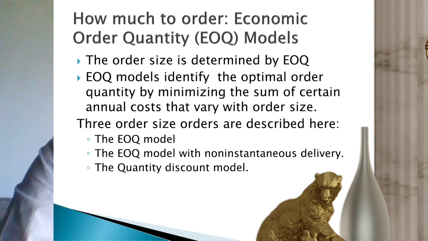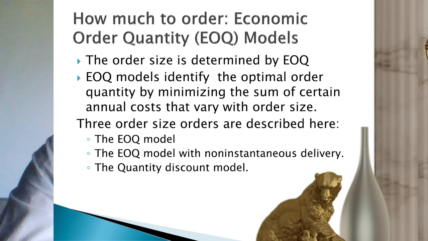And there are three order size models, sorry, just correct it. They are described like this: one is the simple EOQ model. Second is the EOQ model with non-instantaneous delivery, when the delivery is not instantaneous, meaning when deliveries are not received at one time. Like when you want to order 1000 items, so 1000 items will all arrive in your godown.